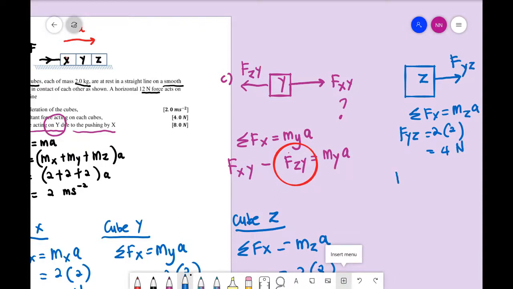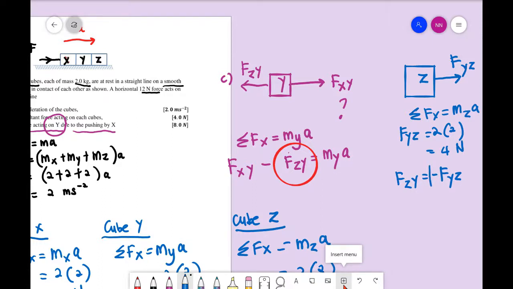The force on Y by Z equals the force on Z by Y, same magnitude but opposite direction, so it is 4 Newton.